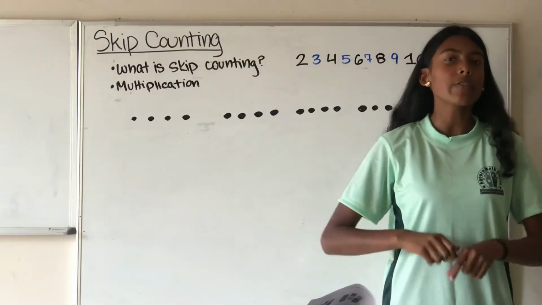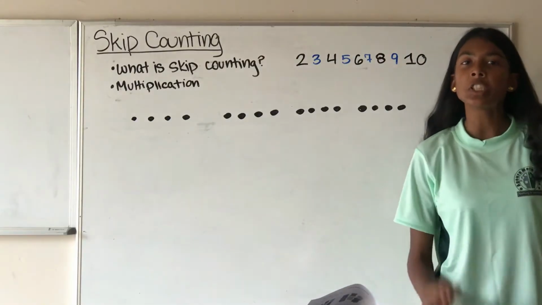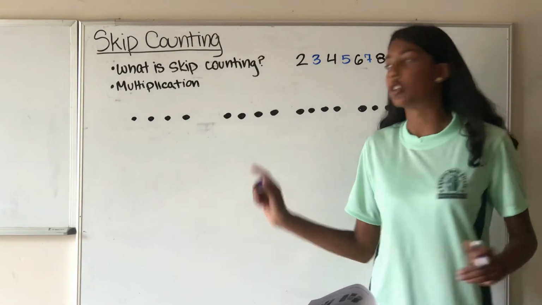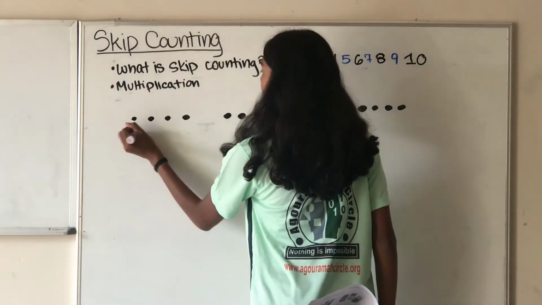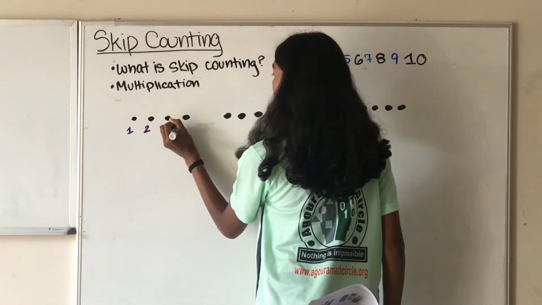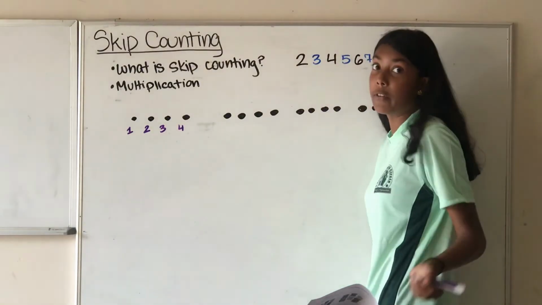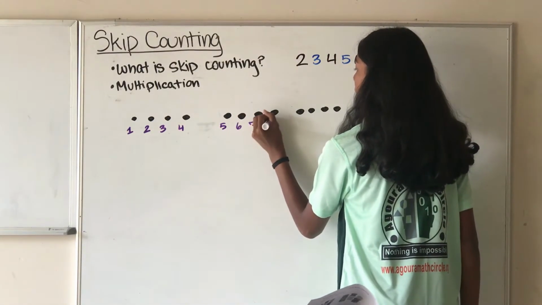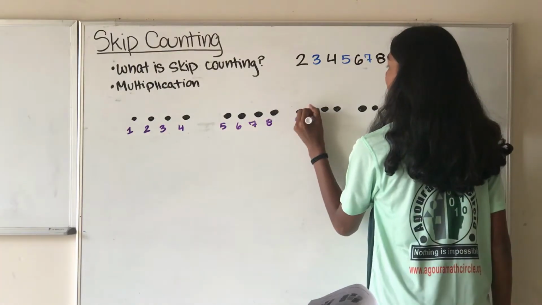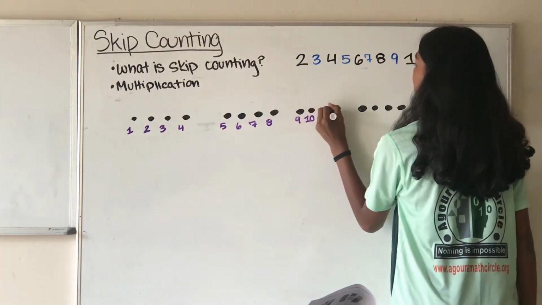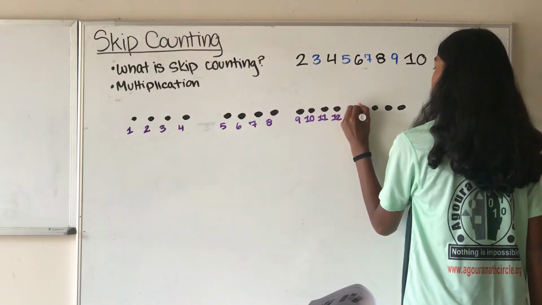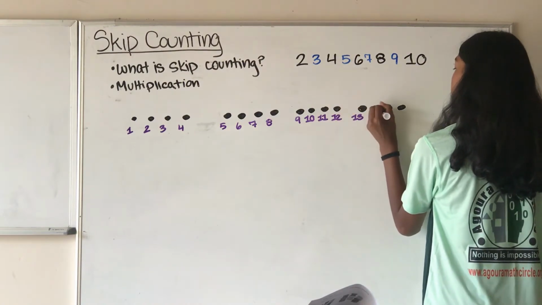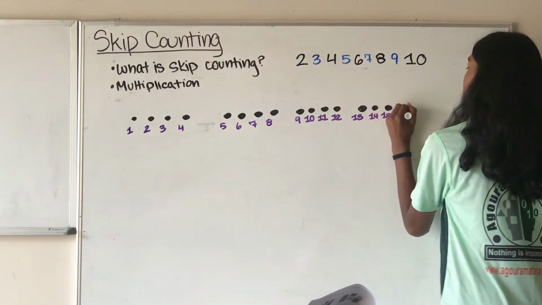Okay, now that you've done it, let's do it together. First, let's start off by counting each individual dot. So we start with 1, 2, 3, 4. Count with me if you want. 5, 6, 7, 8, 9, 10, 11, 12, 13, 14, 15, and 16.